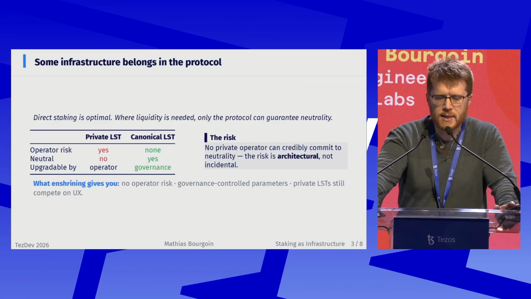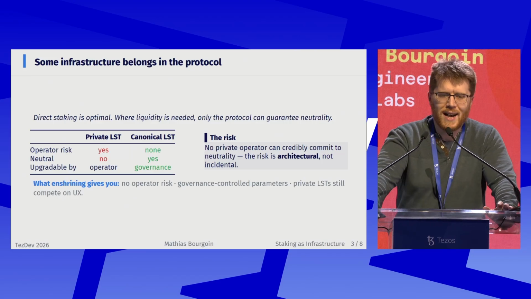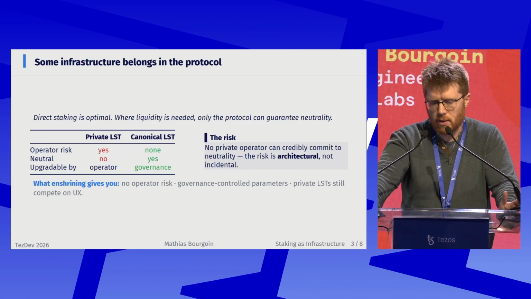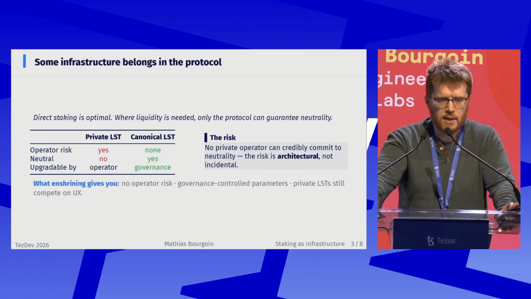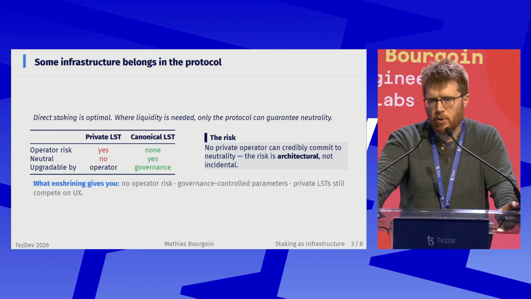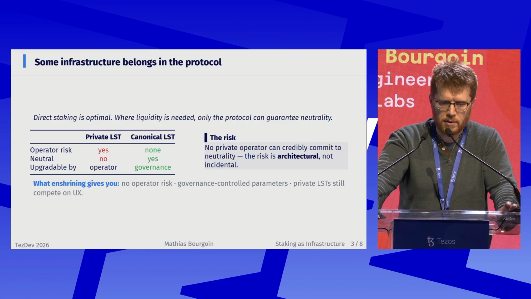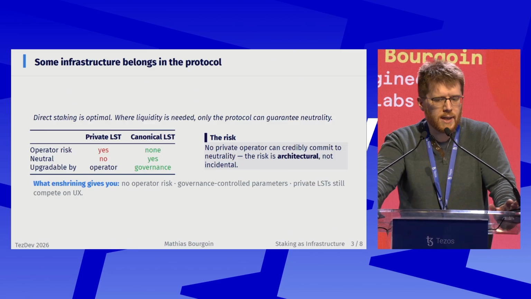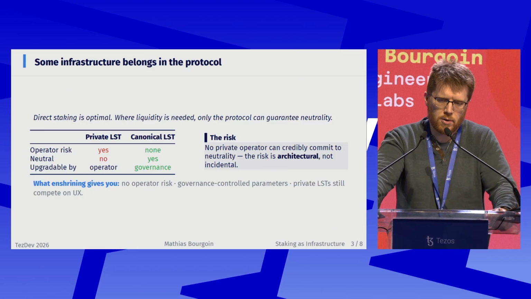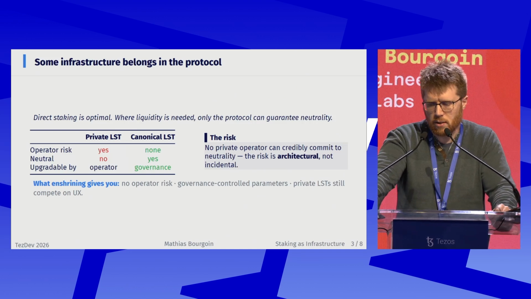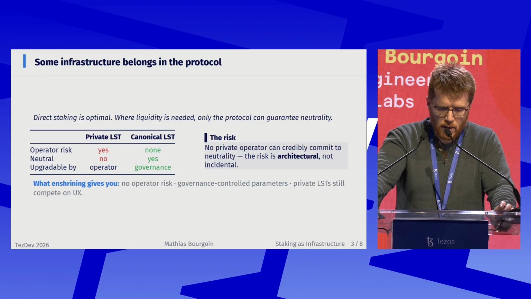So why do we want this kind of infrastructure in the protocol? As I said, mainly because we consider that direct staking is optimal, but some people may need liquidity, in particular to use their token through DeFi. And we consider that only the protocol can give guarantee and guarantee neutrality of the usage of the system.